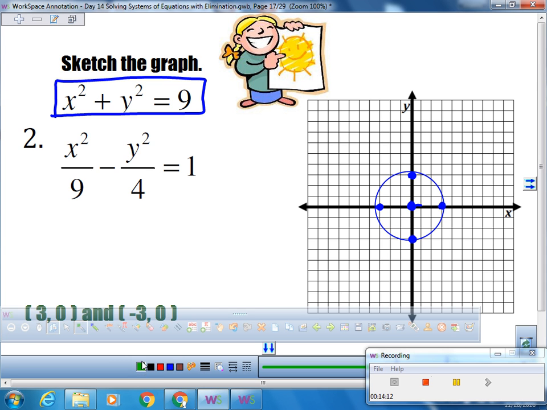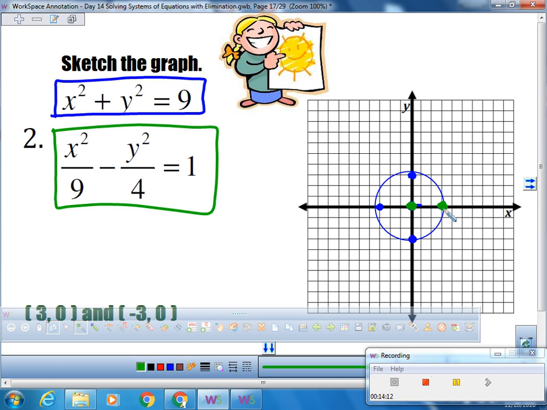And what shape is this? It's a hyperbola, right? Because it has a negative sign right here. Where is its center? 0, 0. Yep, and we're going to go out 3. 1, 2, 3.